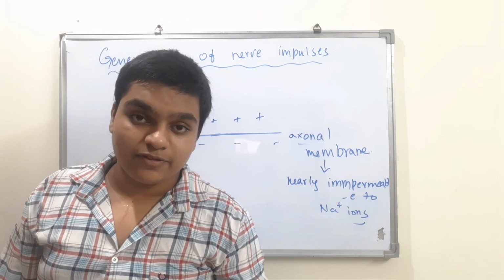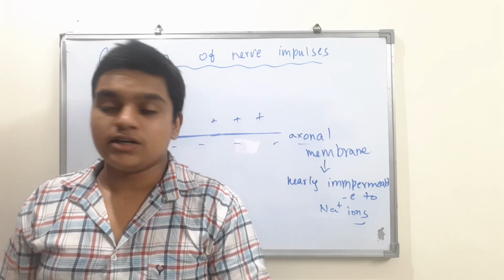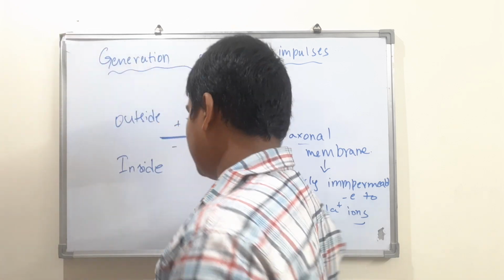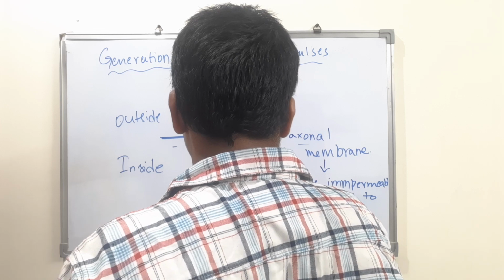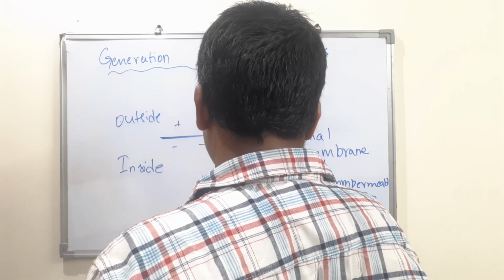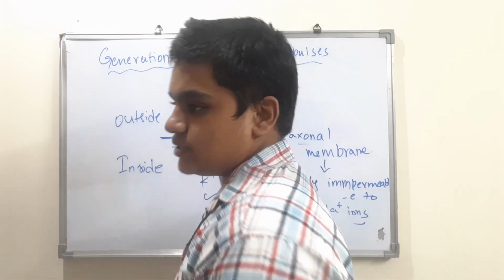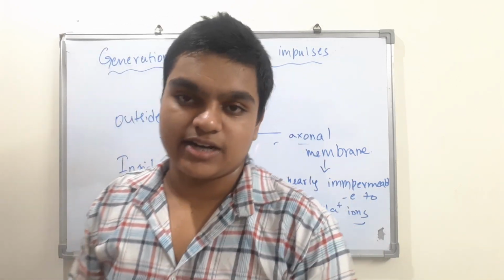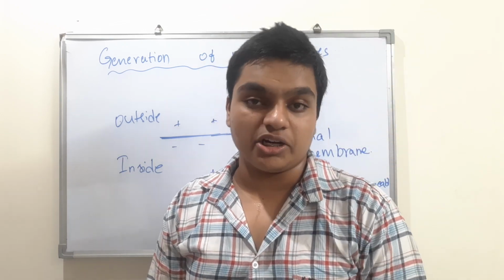If it is permeable for potassium, then what about negative charge? Okay sir, you are telling that K plus and Na plus both are cations. Am I wrong? Both are cations. Then what about anions? You are only talking about positive charge. What is happening to negative charge?